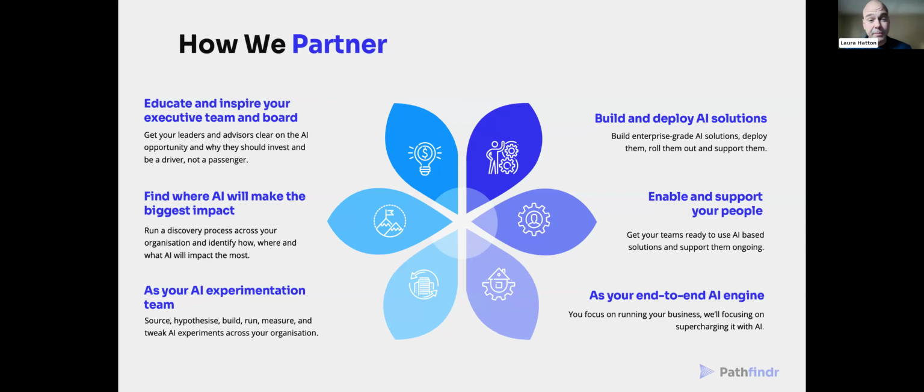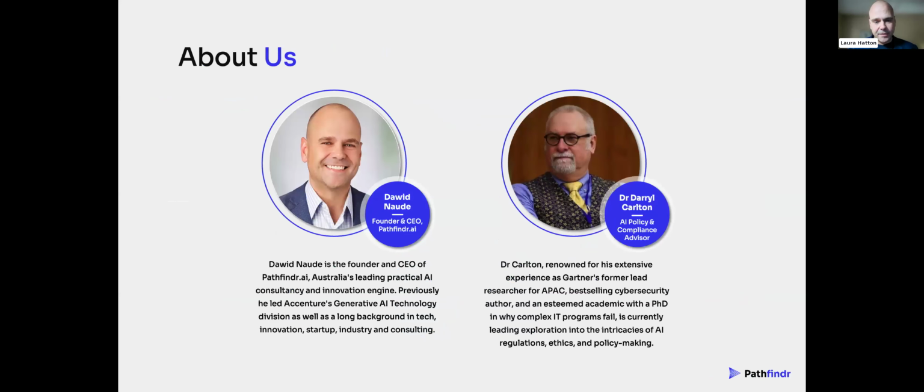Enable and support your people, ranging from how to use ChatGPT or Microsoft Copilot through to understanding how this is going to change your job in the future. And finally, we can take all the AI burden off your company's shoulders. We can be your end-to-end AI engine, and we're all AI geeks, and that's why we got into this.